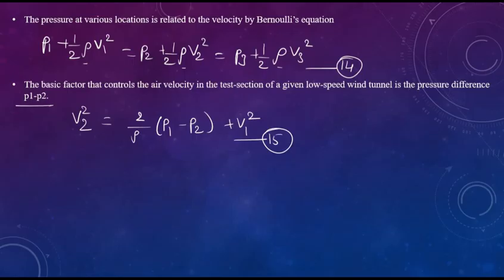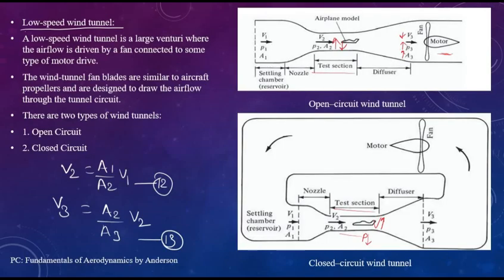Now let us substitute equation 12. From equation 12, where we had V2, we are going to take V1. V1 would be equal to A2 by A1 into V2.